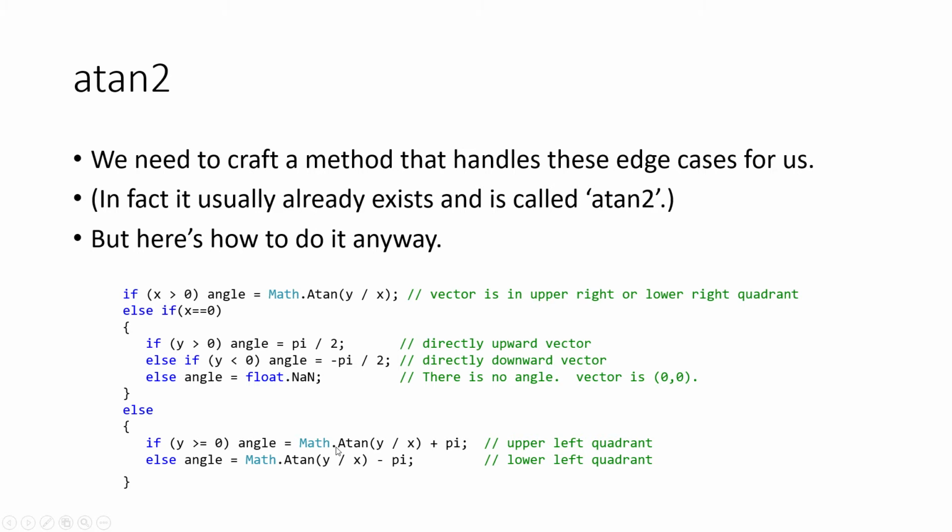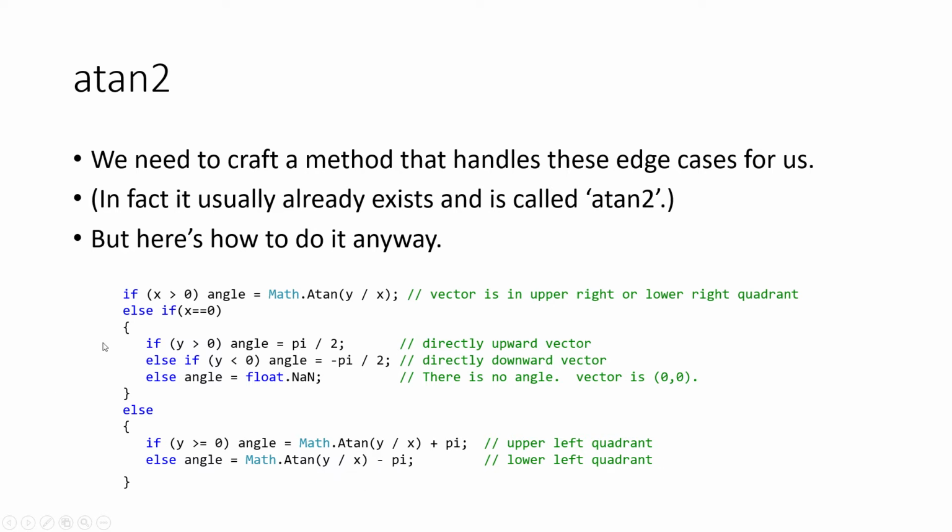The upper left quadrant is when you get a negative output, but it should be positive from a tan. So all we do is add on pi to flip it to the other, upside down, so it's pointing up the way instead of down the way. Similarly, if the y value is less than 0, then it should be negative, but it's positive. So we just subtract pi to get it negative while still pointing in the right direction.